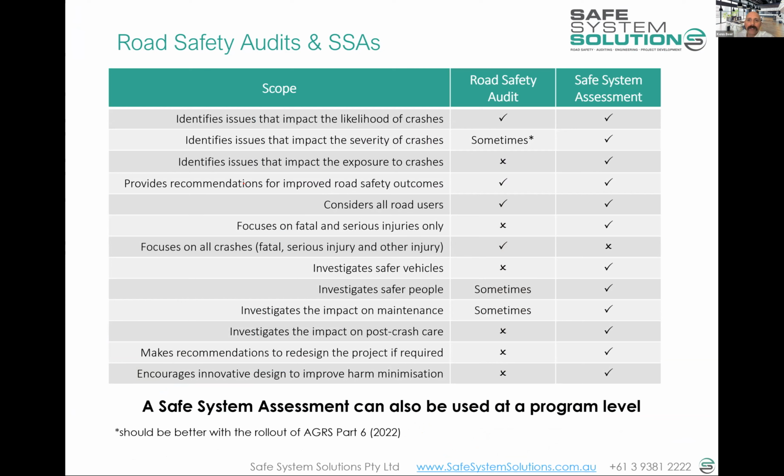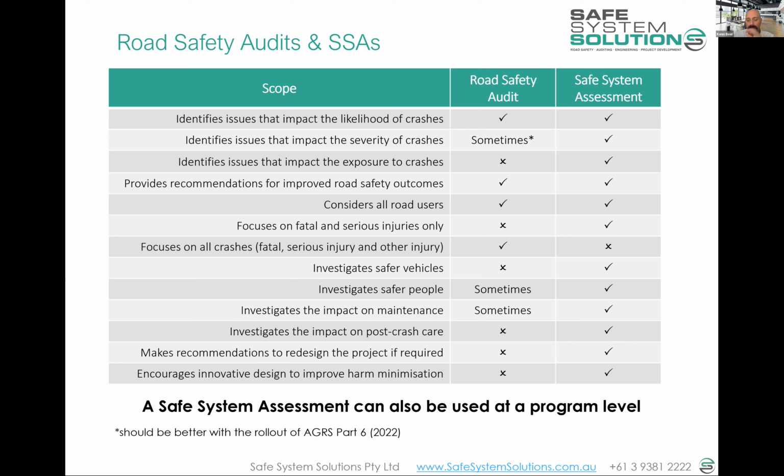Now, road safety audits have sort of changed recently. Now, New Zealand is yet to release your own supplement to the 2022 release of the Austroads Guide to Road Safety Part 6, which is road safety auditing. You're still operating under your 2013 New Zealand road safety audit guidelines.